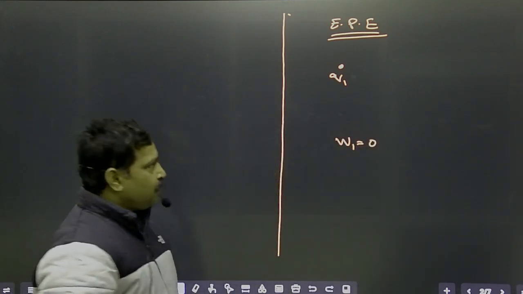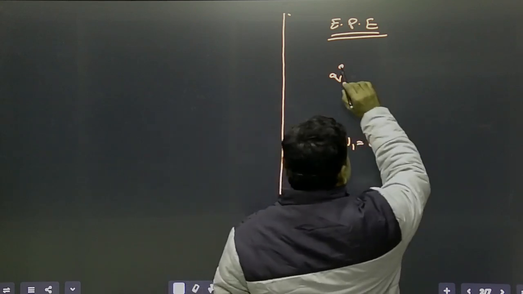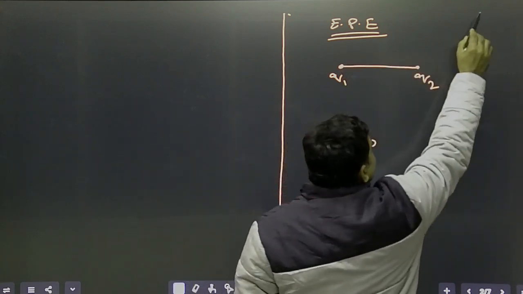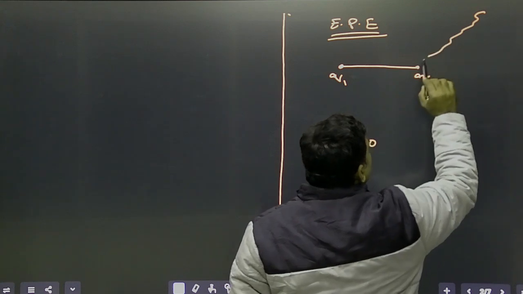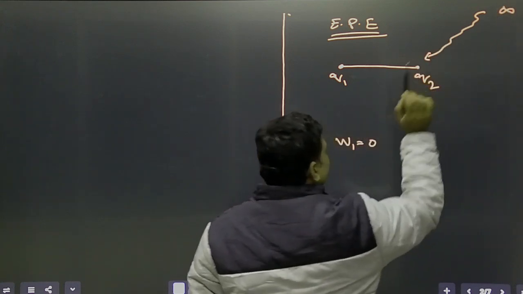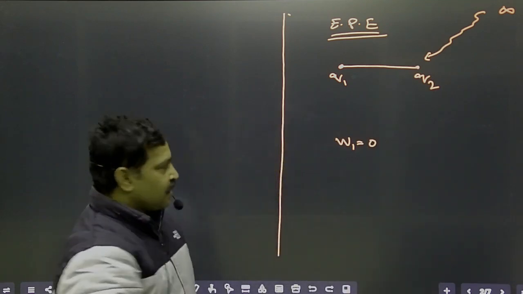Similarly, if we are bringing the second charge to this location, the work done in bringing the second charge from infinity to this point will be w2.